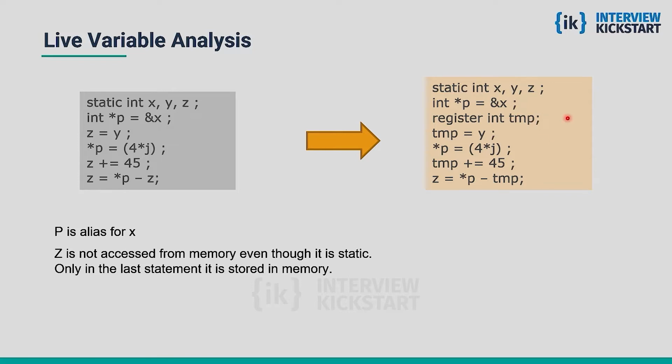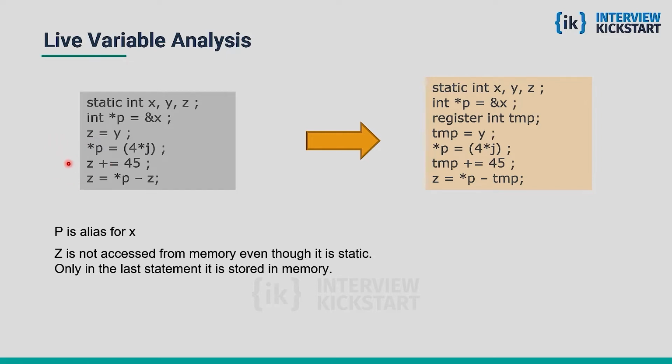So there is a register variable, which is a temporary store, where the static variable is copied, and that copy is used in the computations rather than accessing the variable y, which is in memory every time. So once it is coming to the register, that register alone will be used. In order to update the value of z, there are multiple assignment statements here for z.